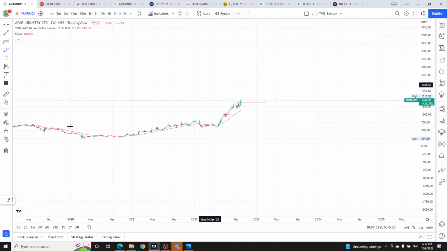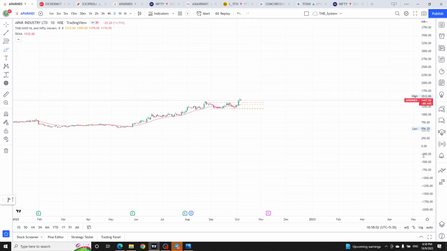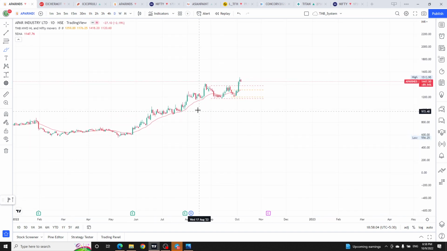Coming to the price action, as per the technical analysis, this stock has a bullish trend, and on the weekly chart it is forming a flag pattern.